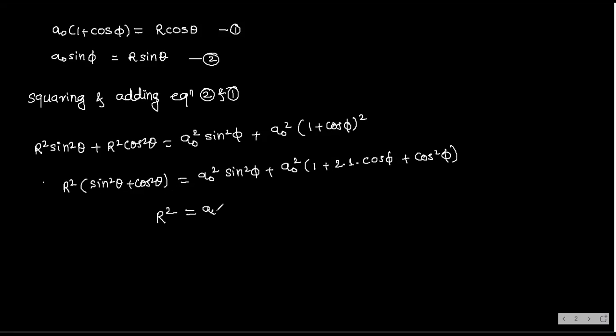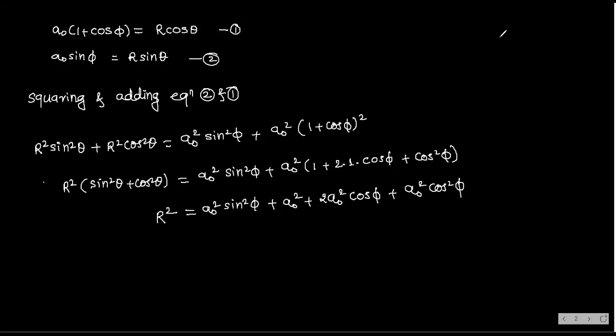So here you are getting A0 sin square phi plus multiply this A0 square with this whole bracket. So this is A0 square plus 2A0 square cos phi plus A0 square cos square phi.